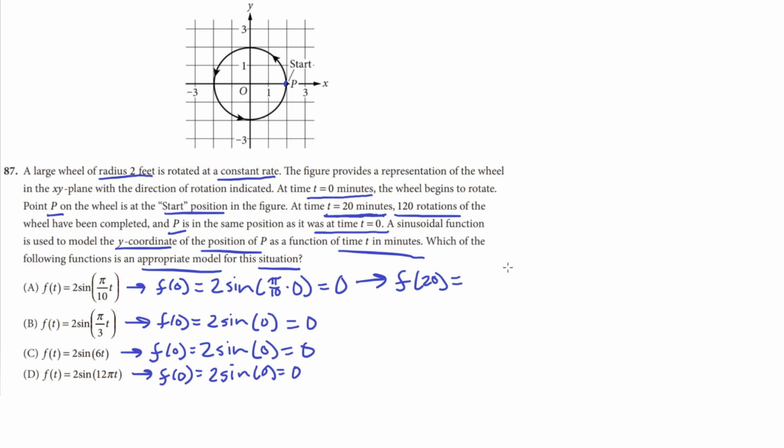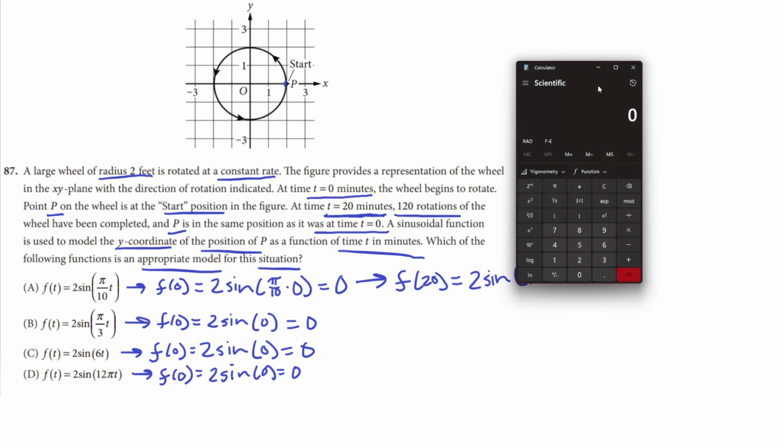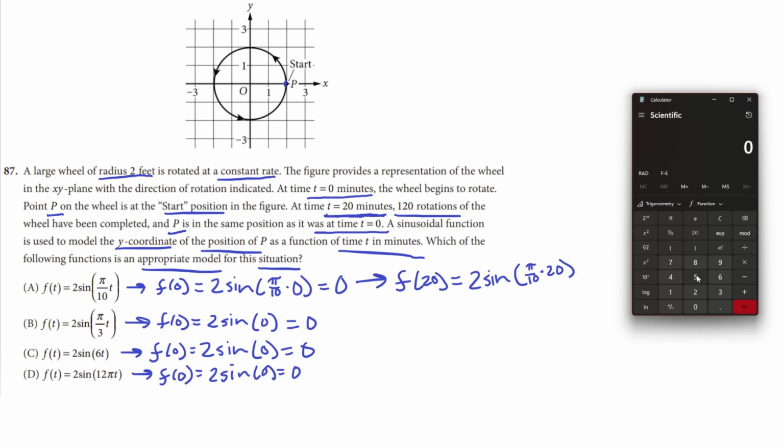So f of 20 for the first equation is 2 times sine of pi over 10 times 20. We can put that into our calculator. We have pi divided by 10, multiplied by 20, then take the sine of that and multiply by 2, so we get 0.